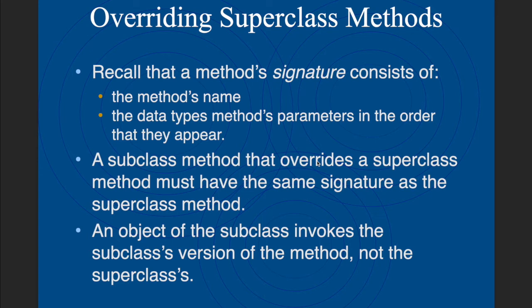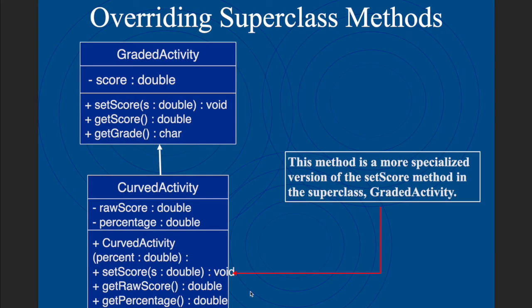A subclass method that overrides a superclass method must have the same signature as the superclass method. And we just saw they have exactly the same signature. An object of the subclass invokes the subclass's version of the method, not the superclass's. That's what we call overriding.